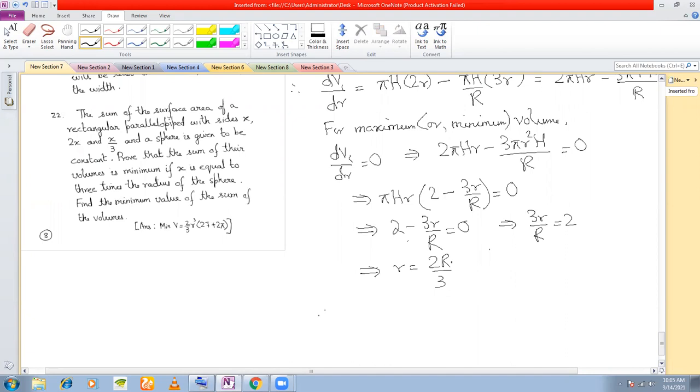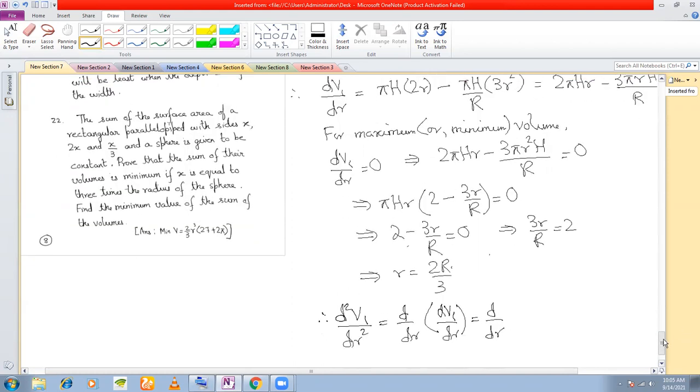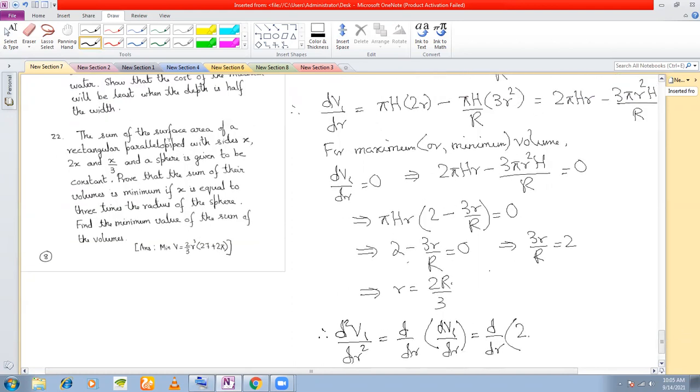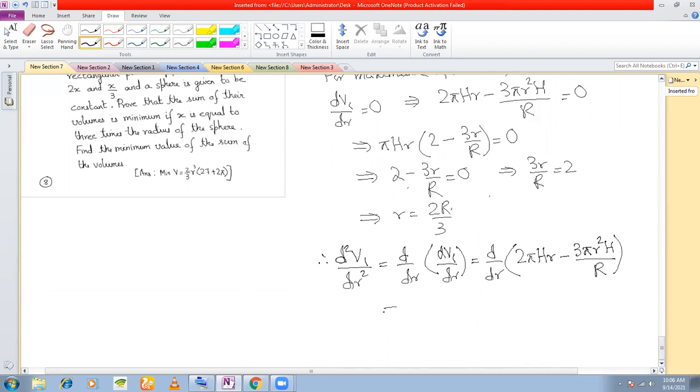Second derivative. Therefore, d²V1/dr² is equal to d/dr of dV1/dr, which is d/dr of 2πhr minus 3πr²h divided by R. Now from here we can differentiate.